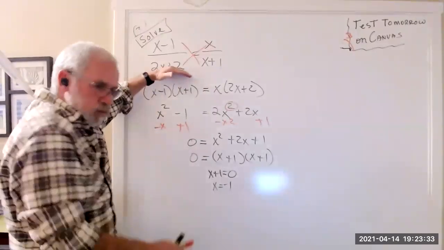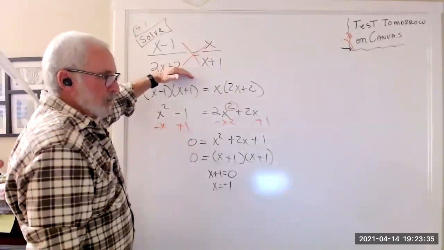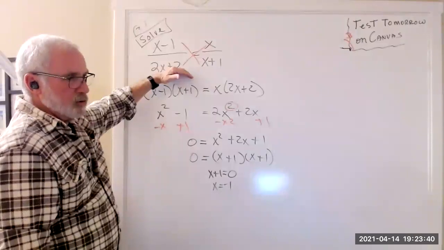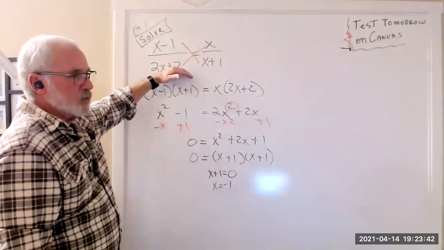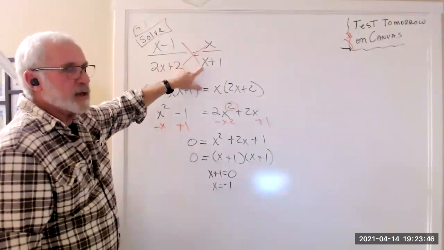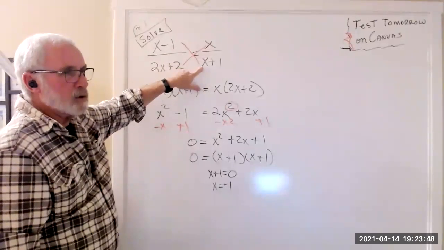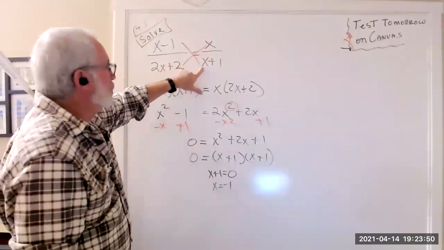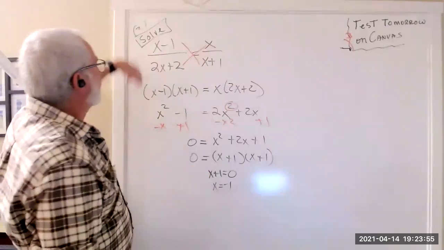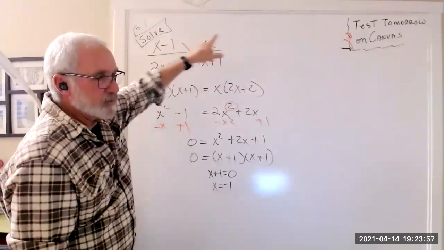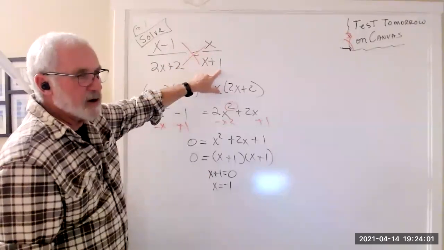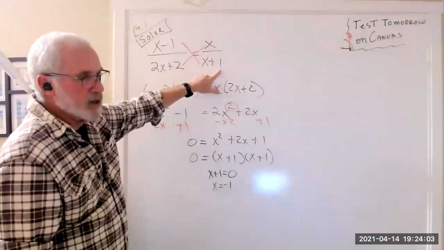In a fraction, you always have to worry about the restrictions. In a fraction, the denominator can never equal 0. Now, I know you're all almost as lazy as I am, and I know you don't want to plug in negative 1 everywhere for x, but you can plug it in just in the denominator.